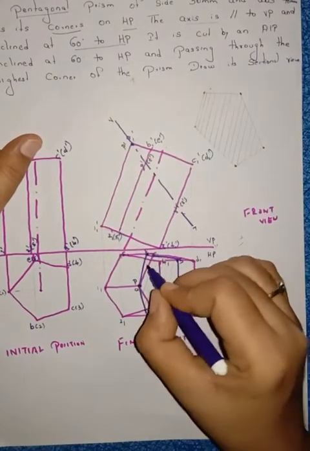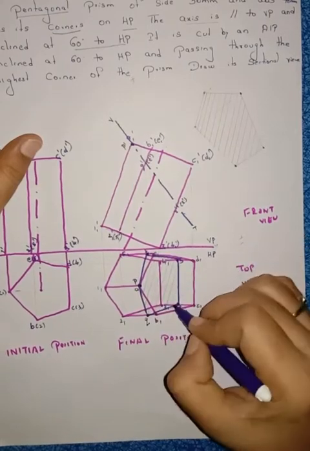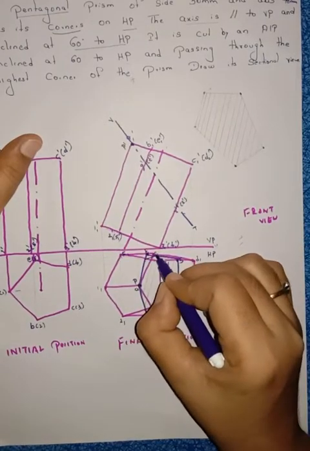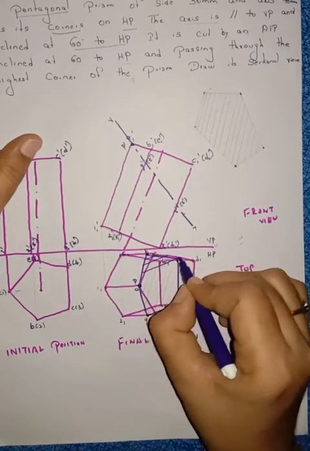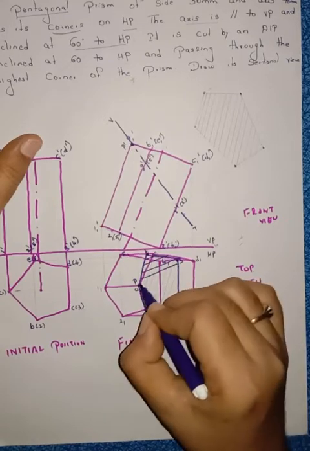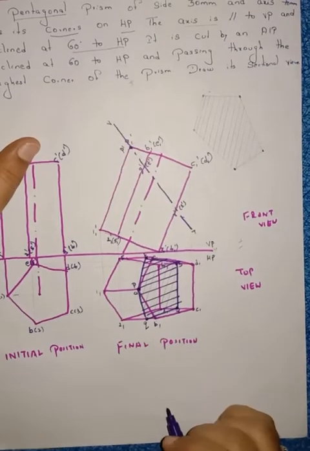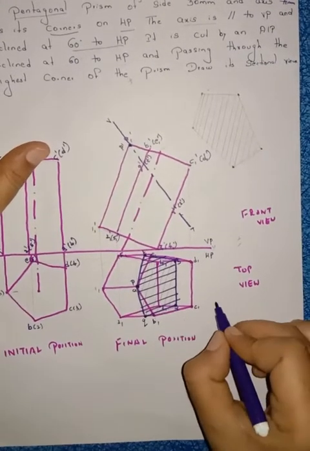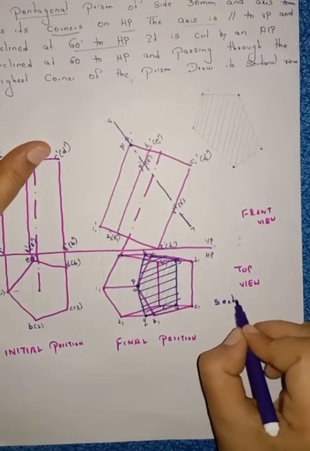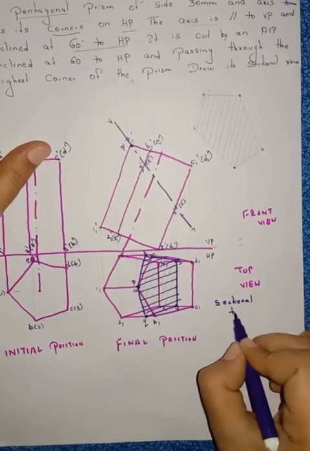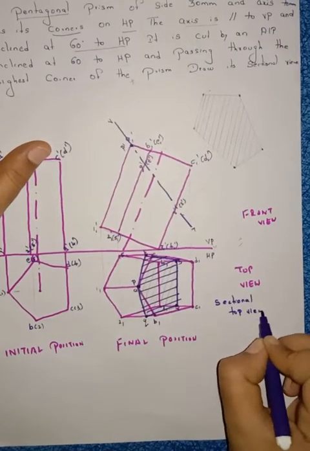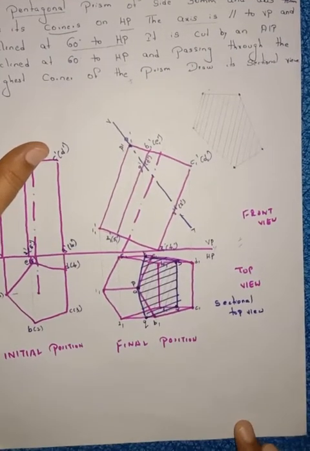So you know, after getting this shape, what we have to do? You have to draw the hatching lines for only P, Q, R, S, T. Right? So this is nothing but what we call the sectional top view. So after that, what is the next step?